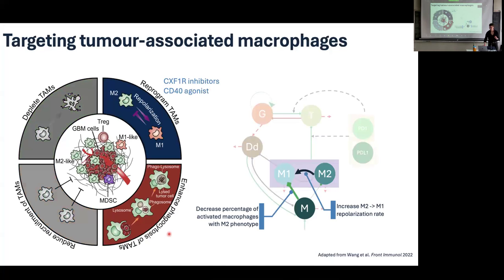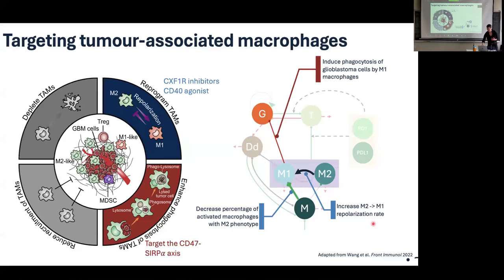One is the reprogramming of tumor-associated macrophages, which can be done with CSF1R inhibitors or CD40 agonists. The way we do this in the model is that we decrease the percentage of activated macrophages with the M2 phenotype, and we increase polarization. So we force those M2s to become M1s. The second one is the enhanced phagocytosis.